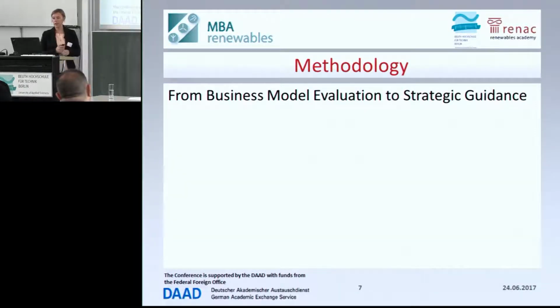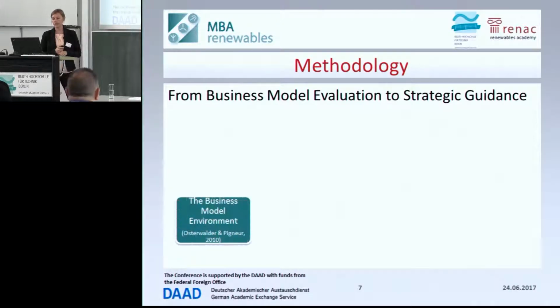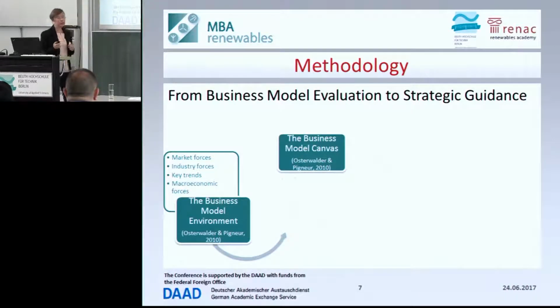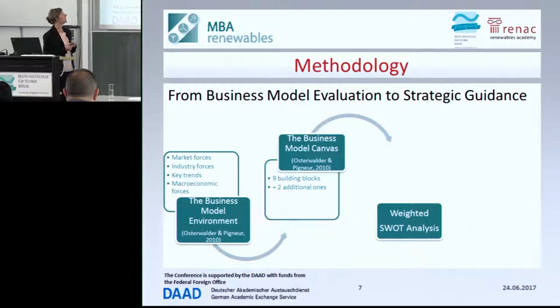A little bit on the methodology that I used. First, I analyzed the business model environment, so the external environment where the city lived: the California policy, electricity, and the competitors. So market forces, industry forces, key trends, and macroeconomic forces. Then I went into more detail and analyzed the business model canvas, which included 9 building blocks, and for the purpose of my thesis, I added 2 additional ones that I'm going to show you later.